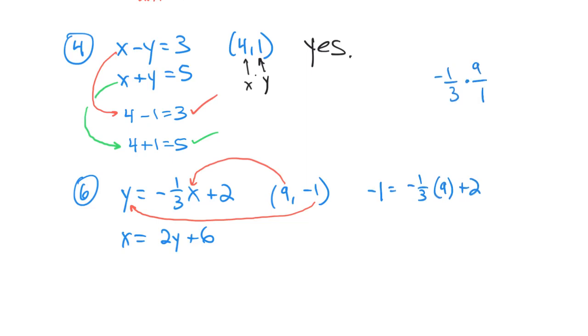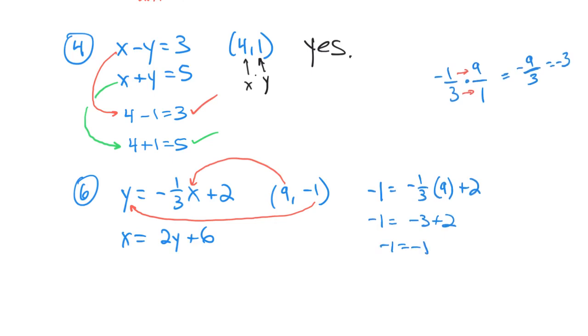When you multiply fractions, you go straight across, and you could cancel first if you want to. But if you didn't, you'd get negative 9 over 3, which is negative 9 divided by 3, which is negative 3. So coming back down here, we get negative 1 equals negative 3 plus 2.